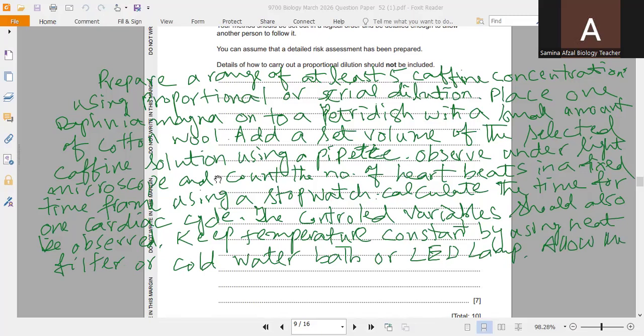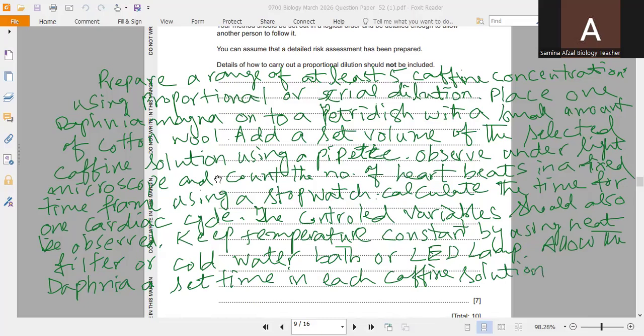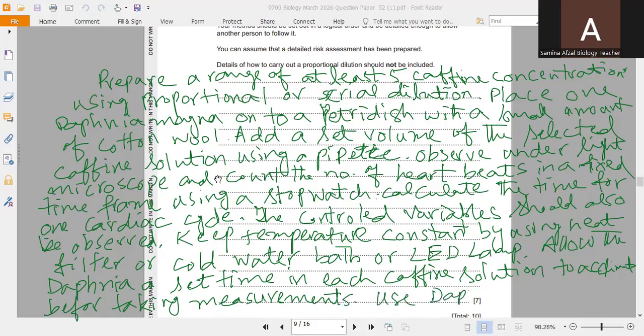Allow the Daphnia a set time in each caffeine solution to acclimate before taking measurements. Use Daphnia of similar size and age.